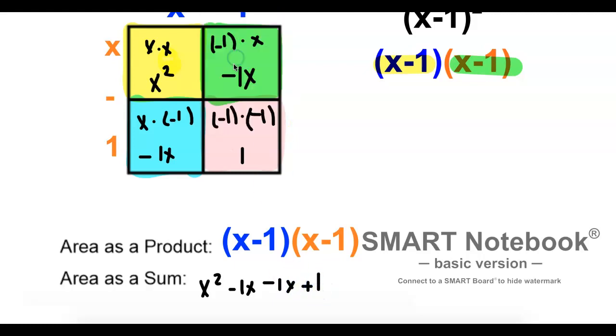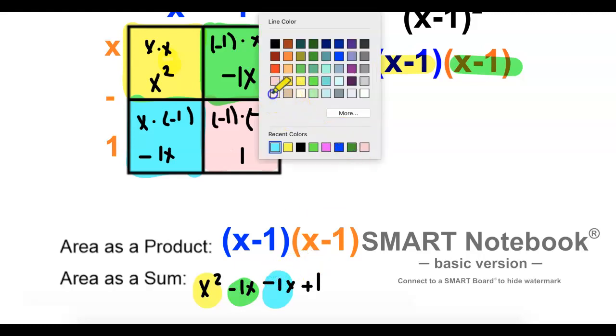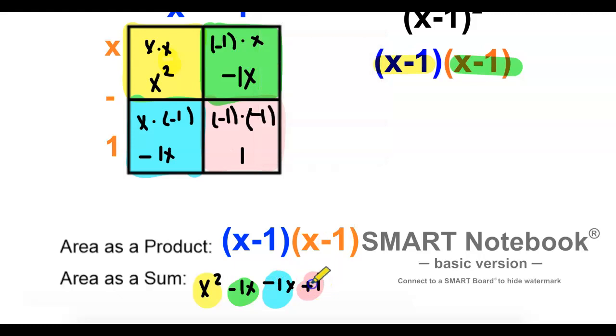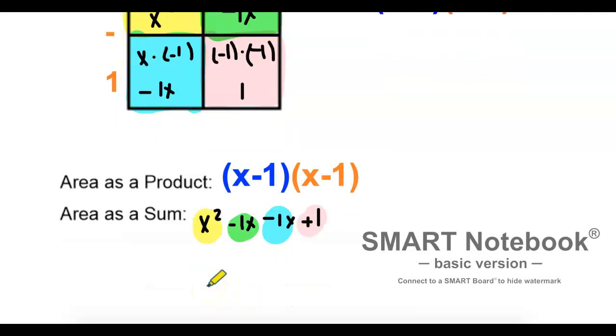Again, I took the yellow box, which was x squared, the green box, -1x, the blue box, -1x, and the pink box, plus 1, and I added them together to get my area as a sum.